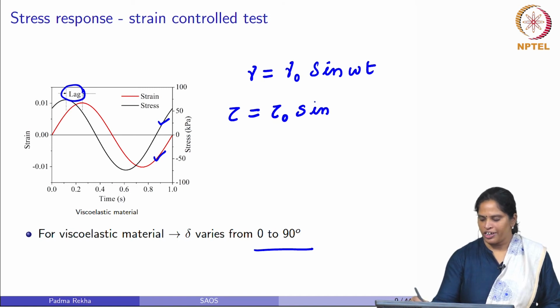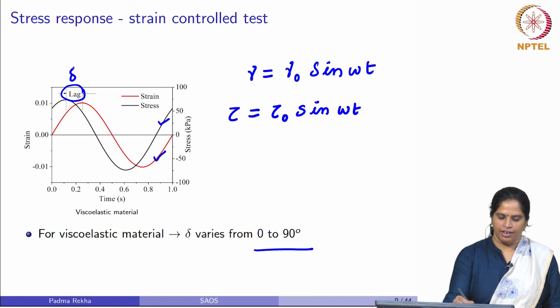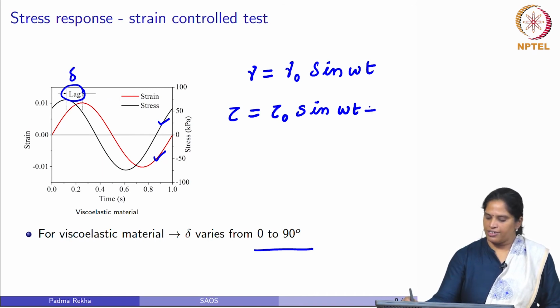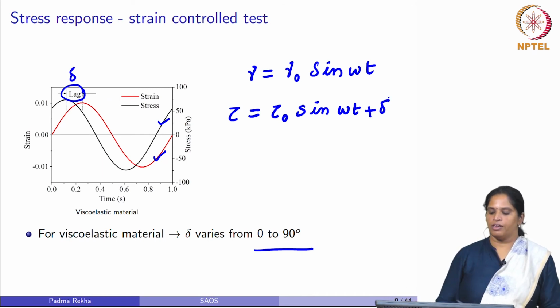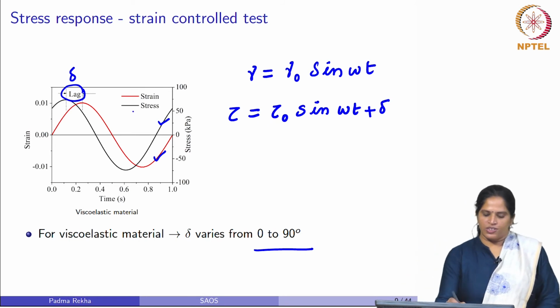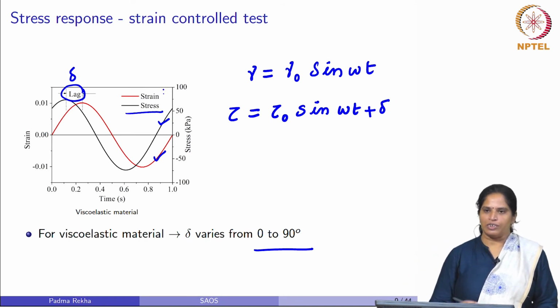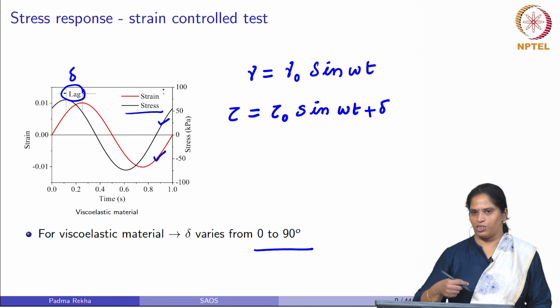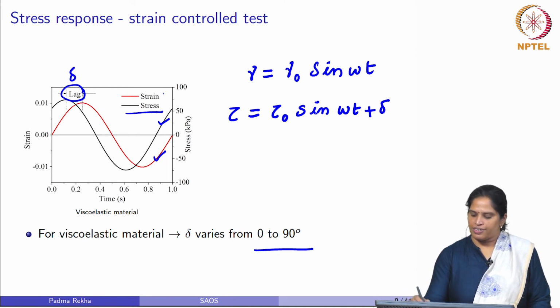This is also sinusoidal, sin omega t, but there is a lag here. The lag is defined as delta, and we know that stress leads the strain, that is, you need a minimum load to be subjected to induce a deformation in a material. So, we will get sin omega t plus delta.